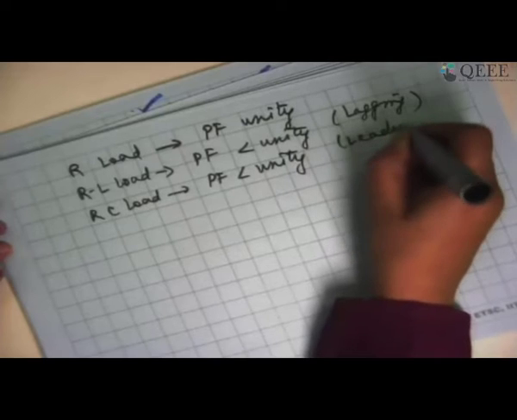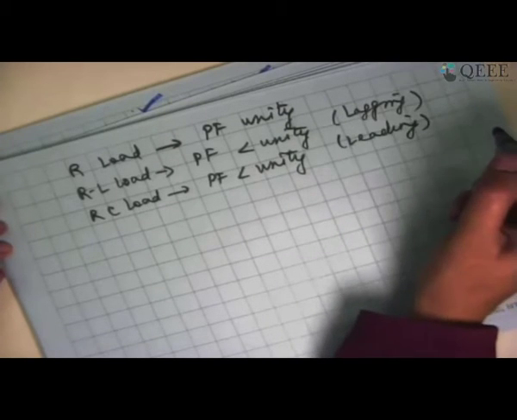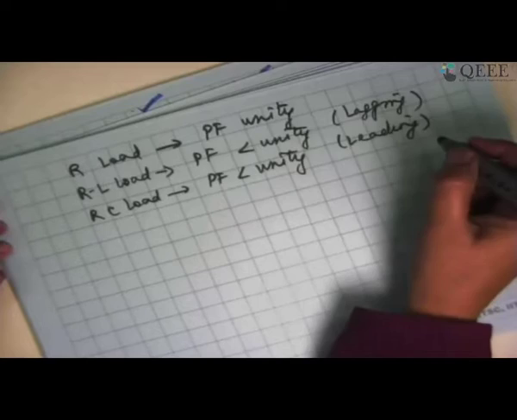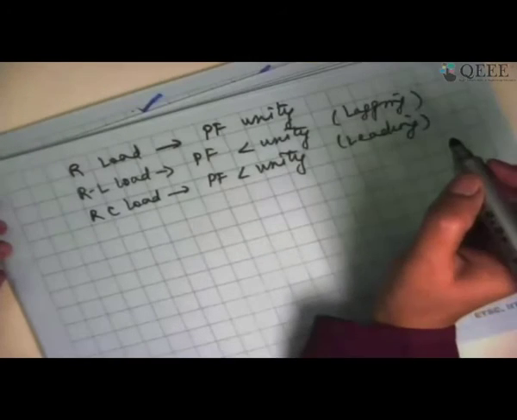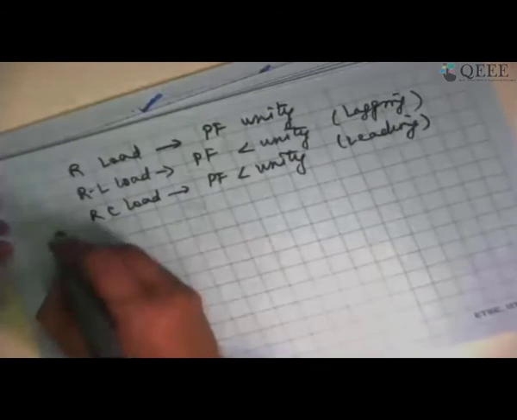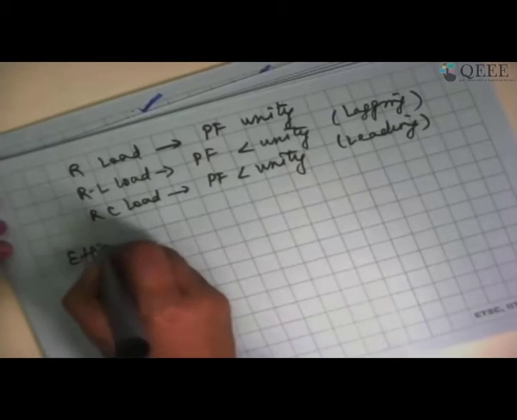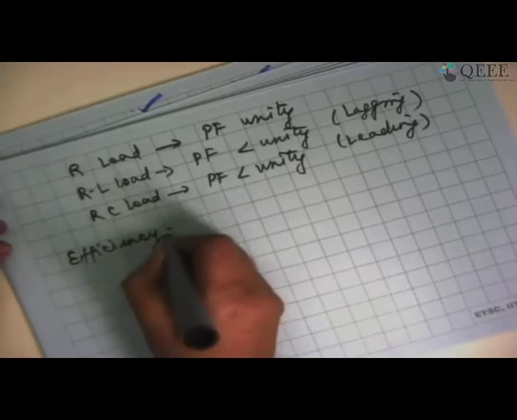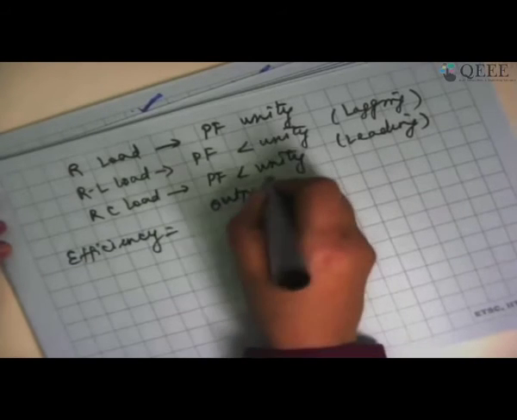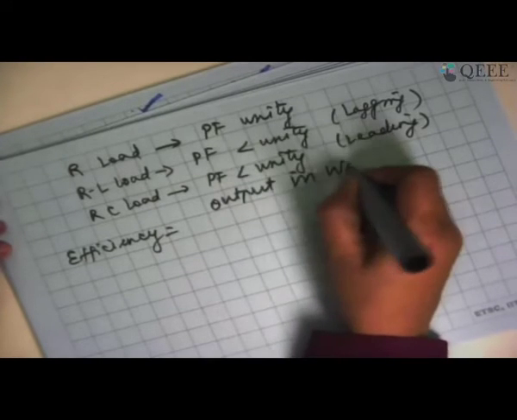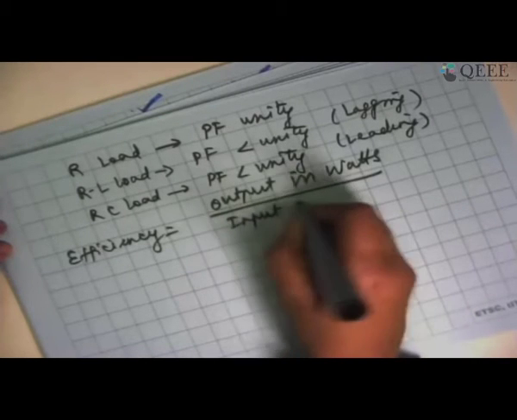So I can have any one of these types of loads, because of which the efficiency is definitely going to change somewhat, because the efficiency is always calculated in terms of output in watts divided by input in watts.